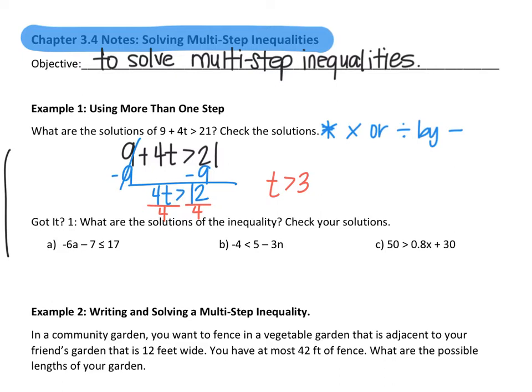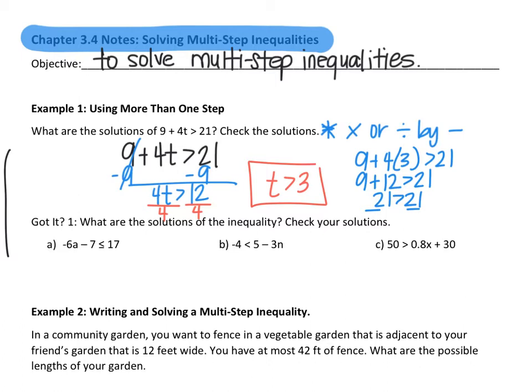You can check it by plugging the 3 in for t and seeing if you get a true statement. So I get 9 plus 4 times 3 greater than 21. So that's 9 plus 12 greater than 21, 21 greater than 21. When your numbers are the same, that means you got the right answer. So the correct answer is, indeed, t greater than 3.